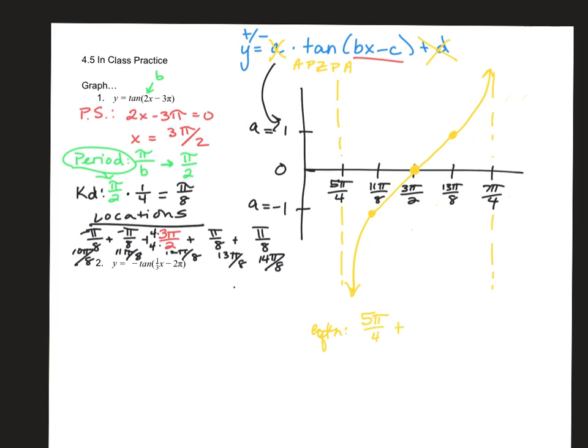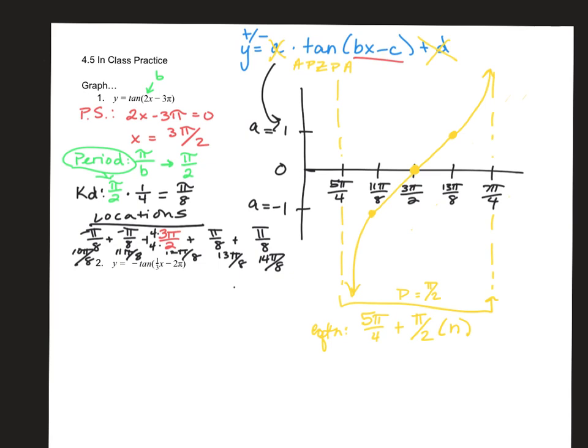And you add to that the distance to the next asymptote, but that distance is the period. So in this case, that is pi over 2. So we start at one asymptote, we're adding the distance to the next one, but we can do that as many times as we would like, so that n value, so that we can reach any asymptote anywhere along the tangent curve.